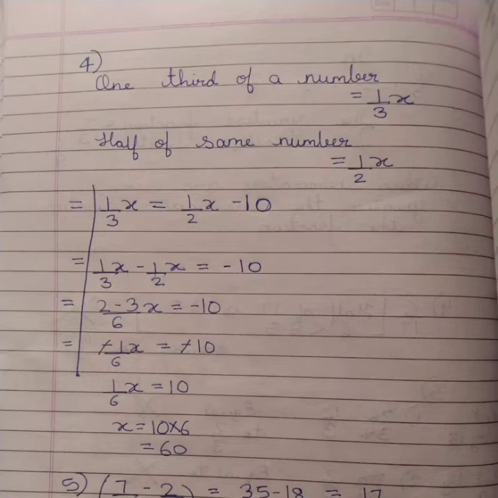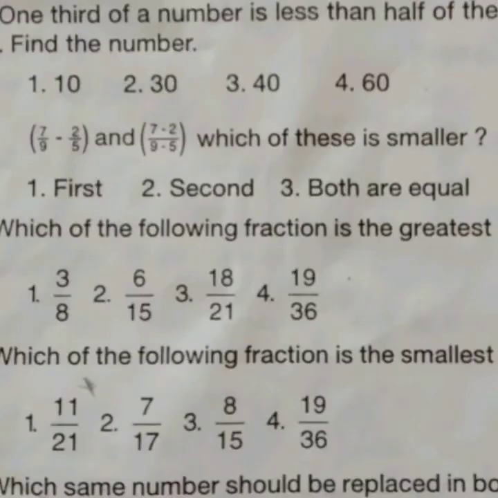So it will be 10 divided by 1 by 6. And if you want to change the division sign into a multiplication sign, we reverse the number. So 10 divided by 1 by 6 will be 10 into 6, and that's 60. So the answer for the fourth one is option 4, 60.